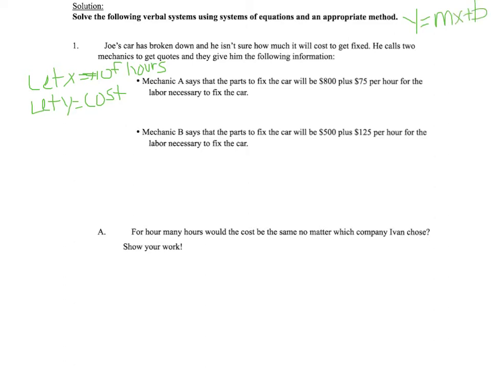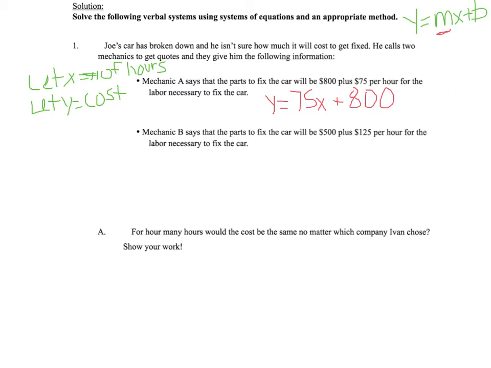So for this one, our slope, the m, will be 75 because that's our rate of change. That's how much they're going to charge per hour. So we have y equals 75x. And then no matter how many hours it takes, we're going to have to pay 800. So that would be our y-intercept. So we would have plus 800.